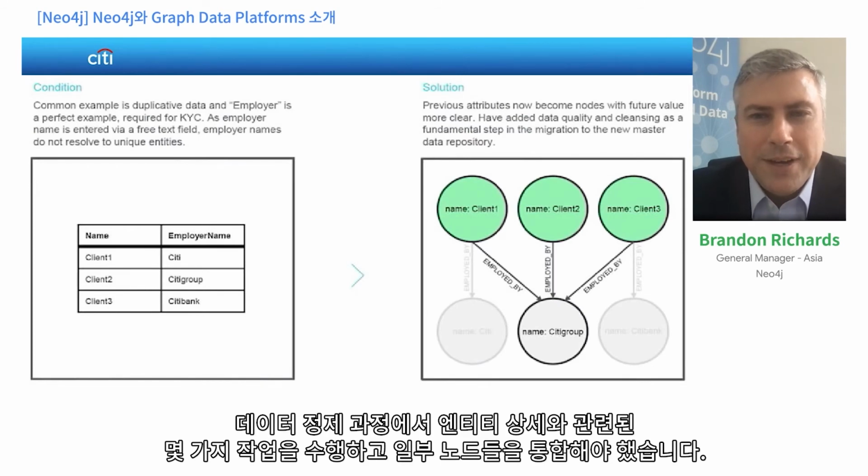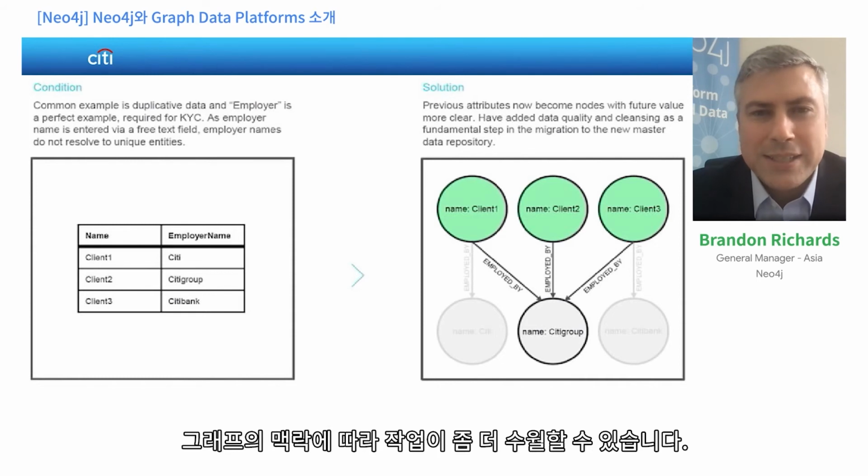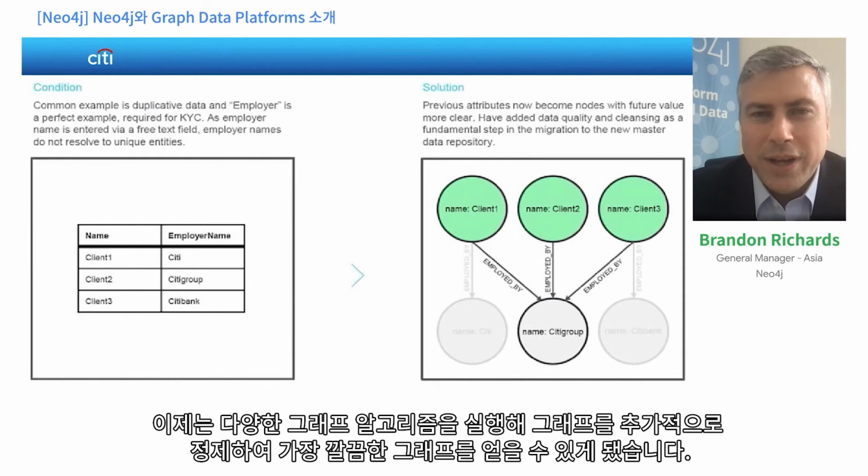As a part of the process of cleaning the data, they needed to do some entity resolution and consolidating some of these nodes. And by the context of the graph, they can do that a little better. They can also run various graph algorithms to further clean up the graph and ensure that they have the cleanest graph possible.